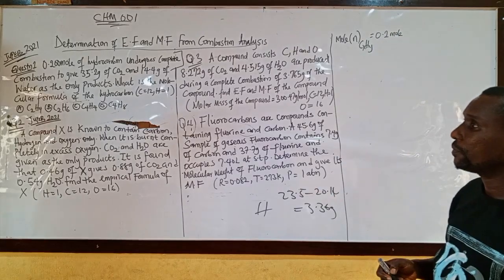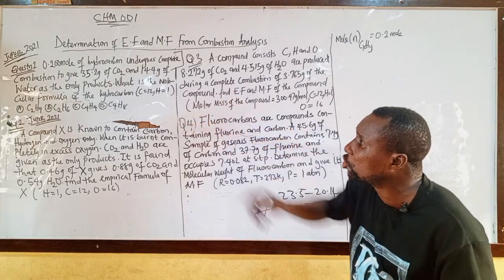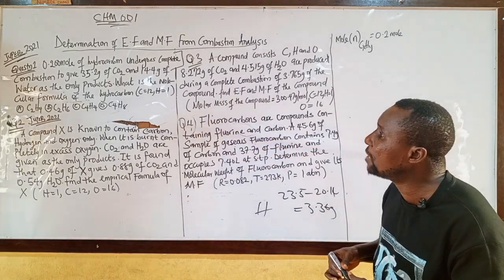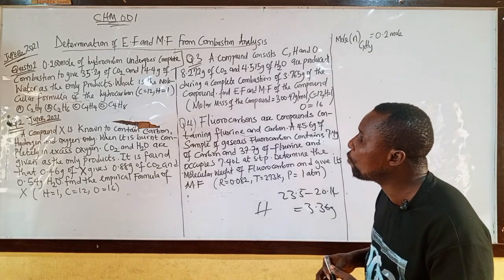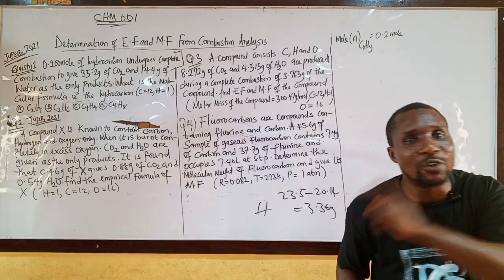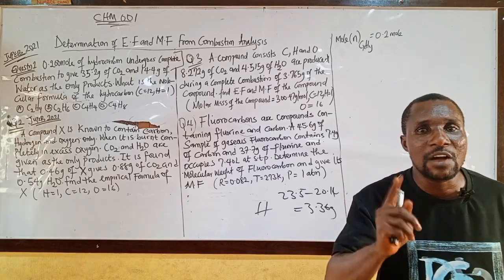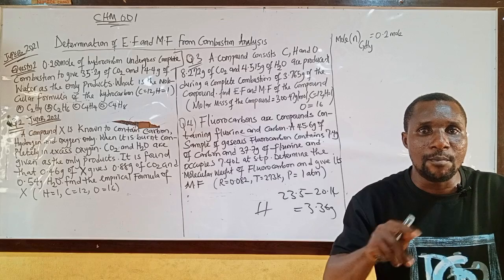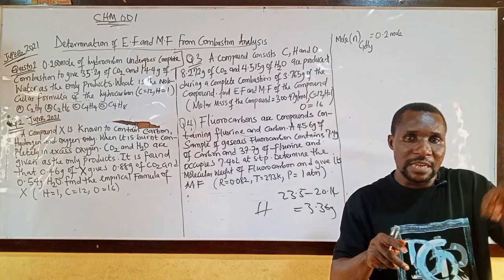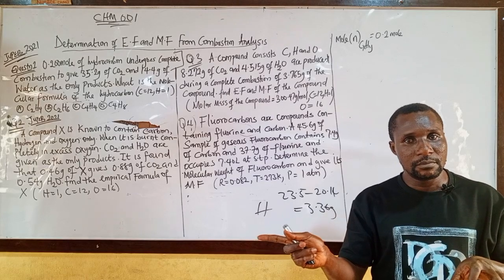They say the hydrocarbon compound undergoes complete combustion to give 35.2 grams of CO2 and 14.4 grams of water. Take note of this. Combustion is the burning of a hydrocarbon compound in air in the presence of oxygen gas.